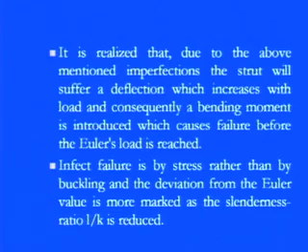So we have to be very careful about what the basic cause of this particular failure is. We find that failure by stress rather than by buckling has more deviation, and due to that the deviation from the Euler value is more marked, as the slenderness ratio is always reduced in these kinds of cases.